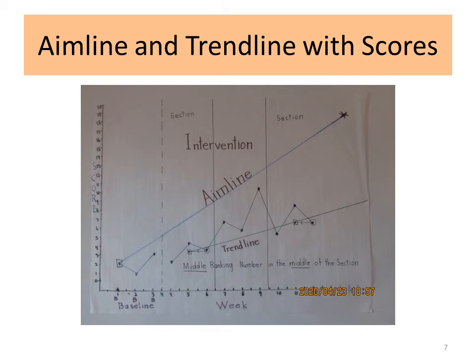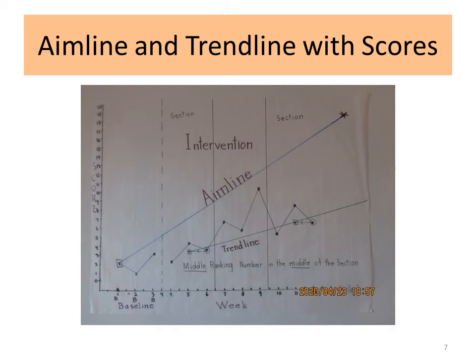It's not difficult. What I did was I took the first 3 intervention scores and separated them from the baseline and from the other scores. That's that long line in section number 1 there.